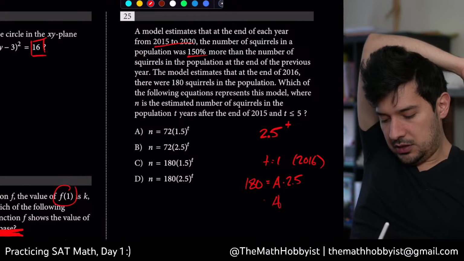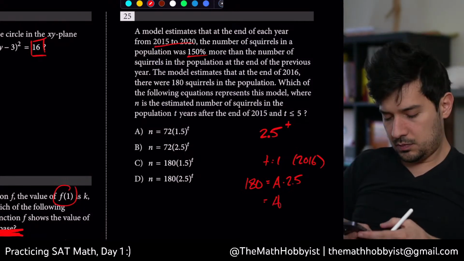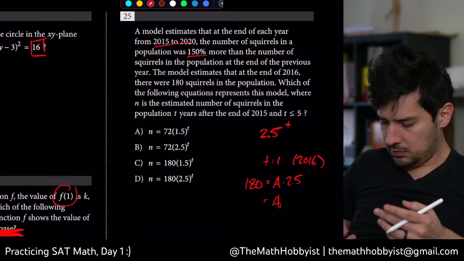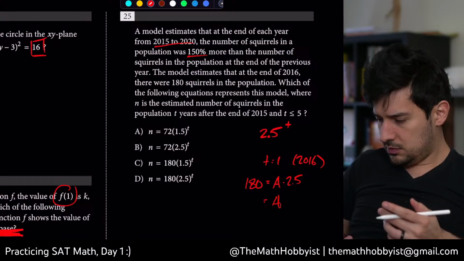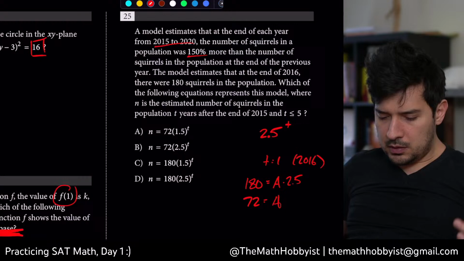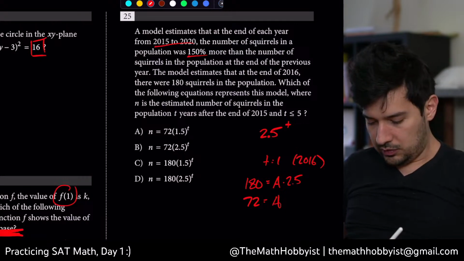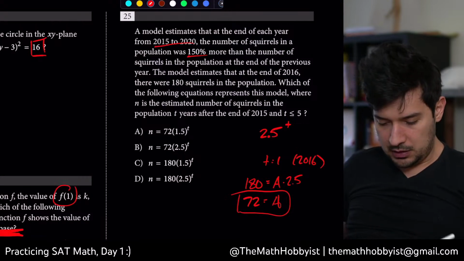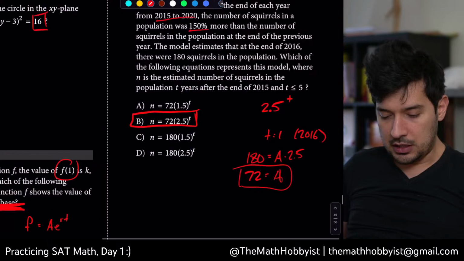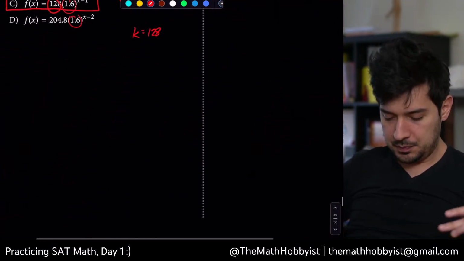So the initial amount then is going to be like 80 or something like that. Not 80. 72. Okay. Alright, so we found that number, and we already found that 2.5 is what we wanted as the growth factor.